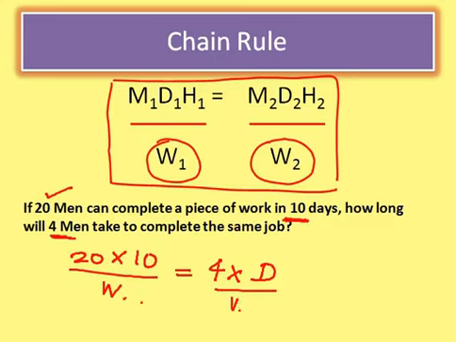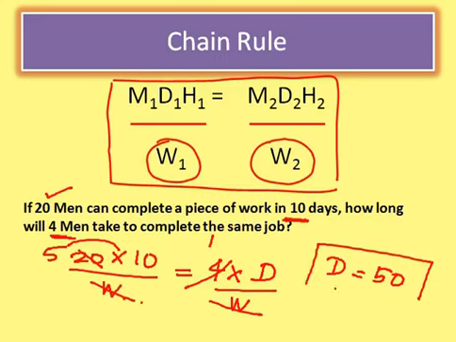Now I'll cut this off, and this off. 1 4 is 4, 5 4s are 20, so 5 10s are 50. So what is the number of days taken by 4 men to complete the same piece of work? It's going to be 50 days. So whenever we have a question similar to this, the chain rule is going to be very, very useful for us.